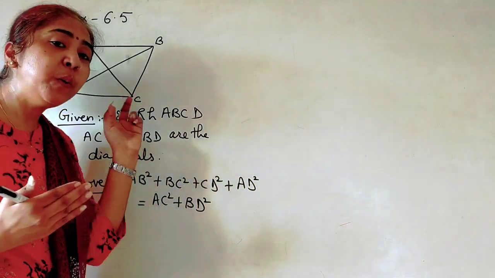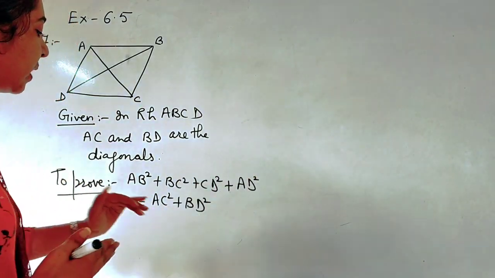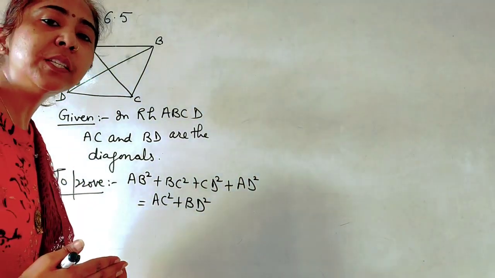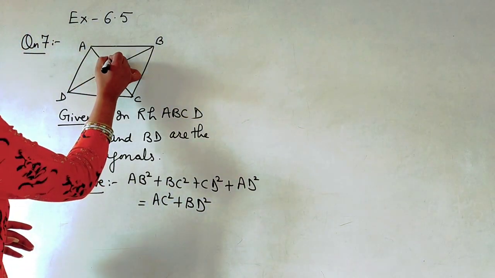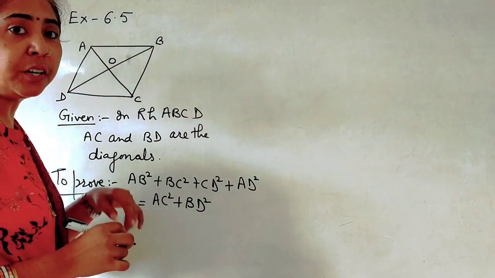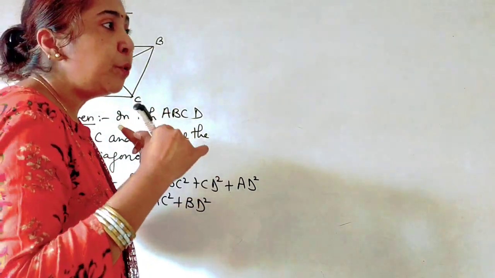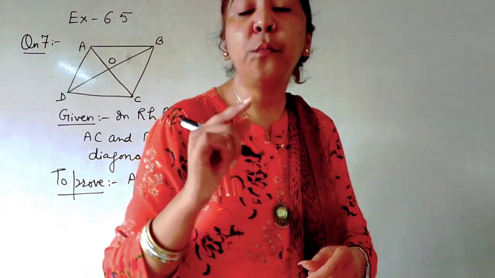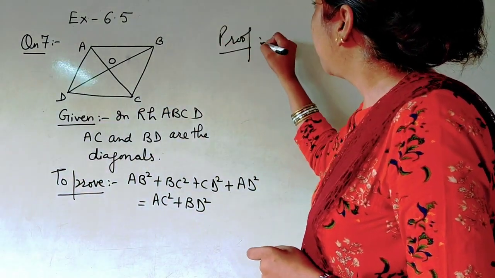So now we will have to prove that the sum of the squares of all four sides is equal to the sum of the squares of its diagonals. For proving that, let's say the diagonals bisect each other at point O. We know that we have a property for the rhombus. Now I'm doing the proof.